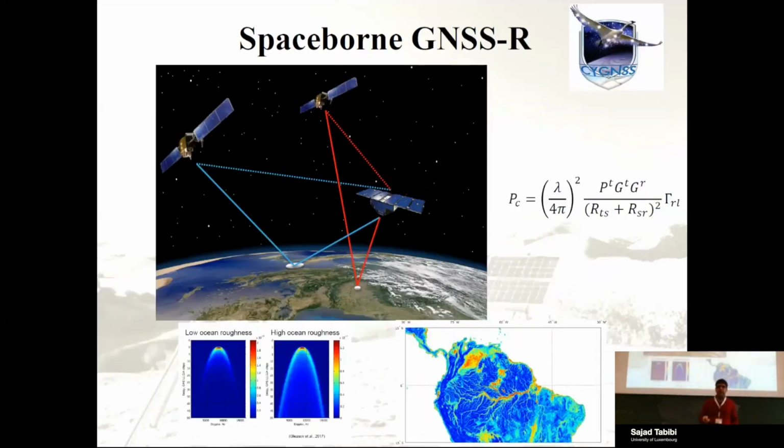So this was the ground-based, and then we switched to the spaceborne, because if I want to give a story about this, the spaceborne GNSS-R was proposed in 1993 by ESA, but it was not well received in the community until there was a classified airplane in the US flying over ocean, and when they were tracking the GPS signals, the location of the airplane was about 100 meters below the sea level.